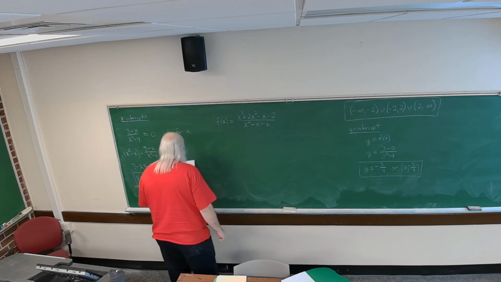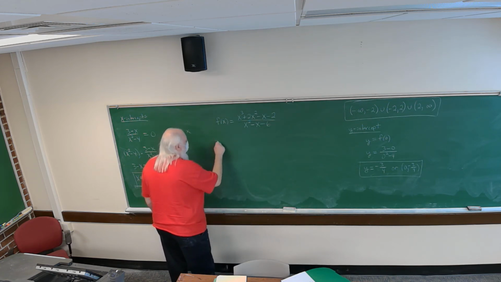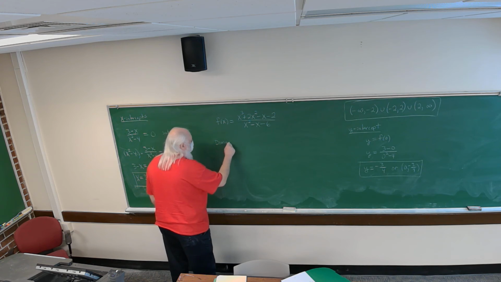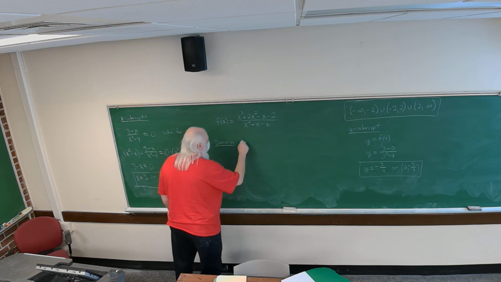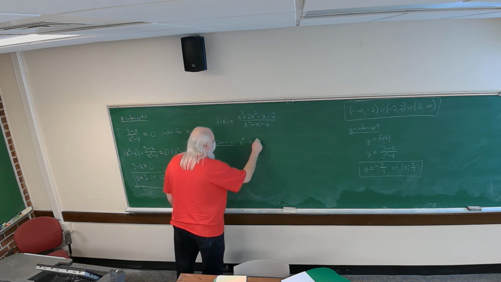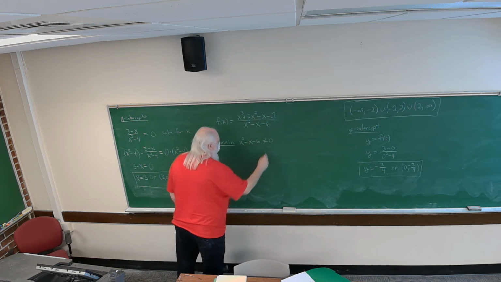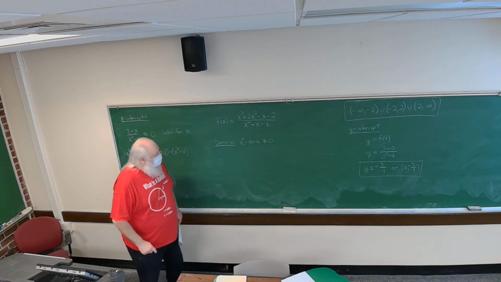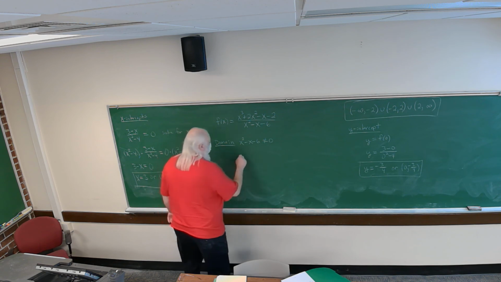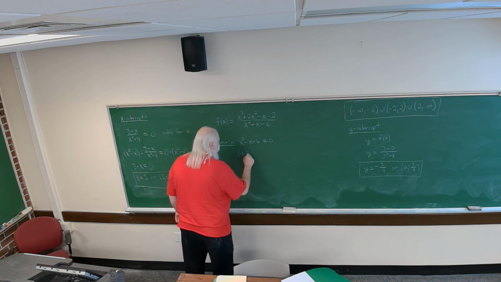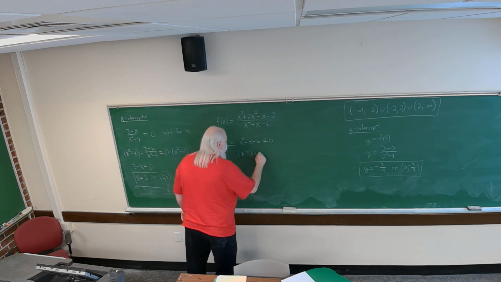Okay. So the domain for this rational function: the denominator can't equal 0. Well, that factors with whole numbers. It factors into x minus 3 times x plus 2.